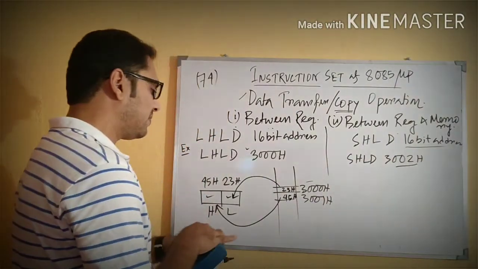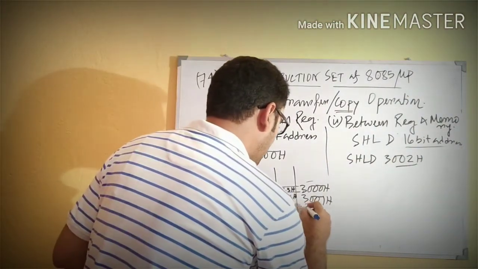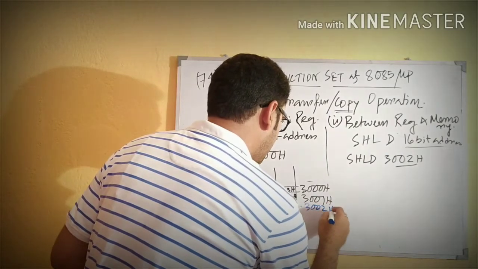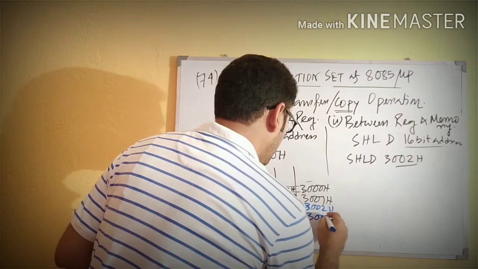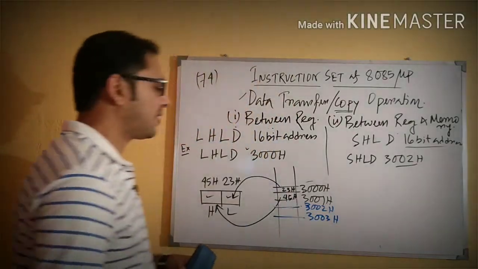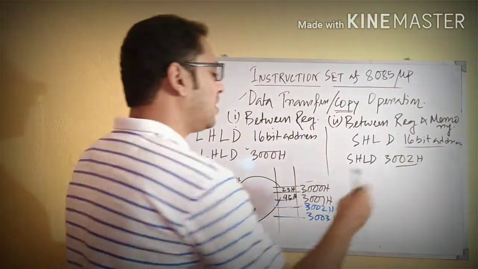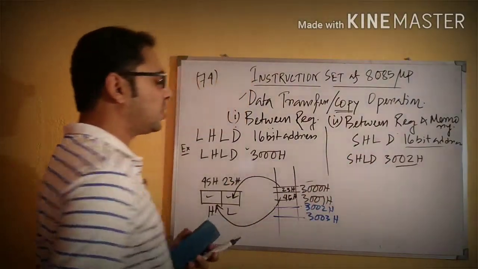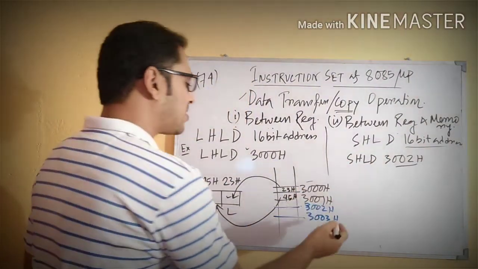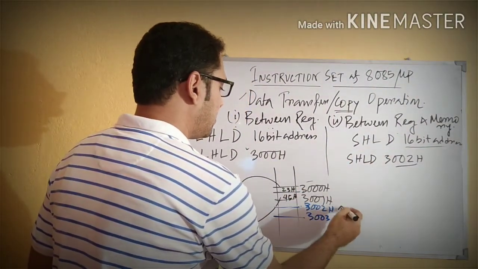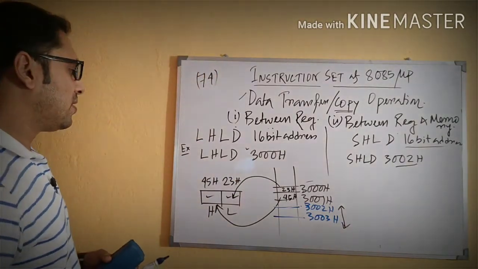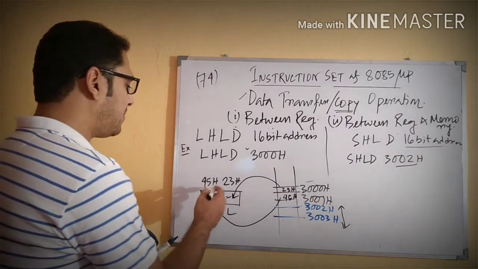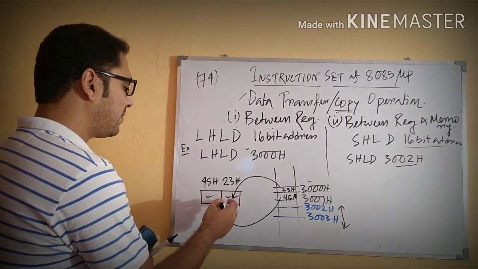So in our example, the first is 3002 hex, and the next is 3003 hex. Though the instruction has only the operand 3002 hex, it will actually access 2 consecutive memory locations. Now H has 45 and L has 23.